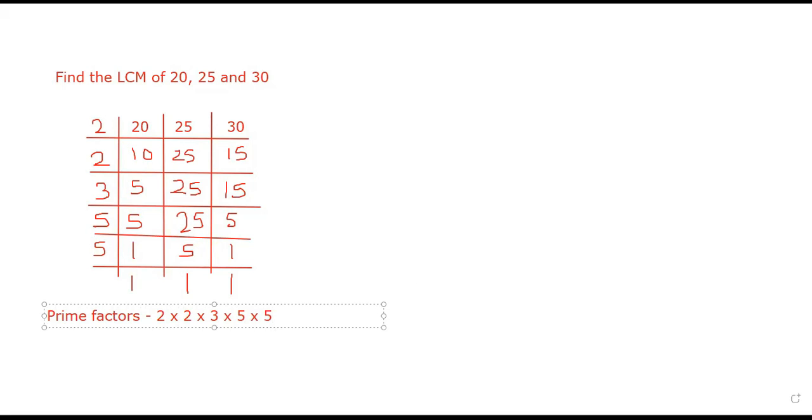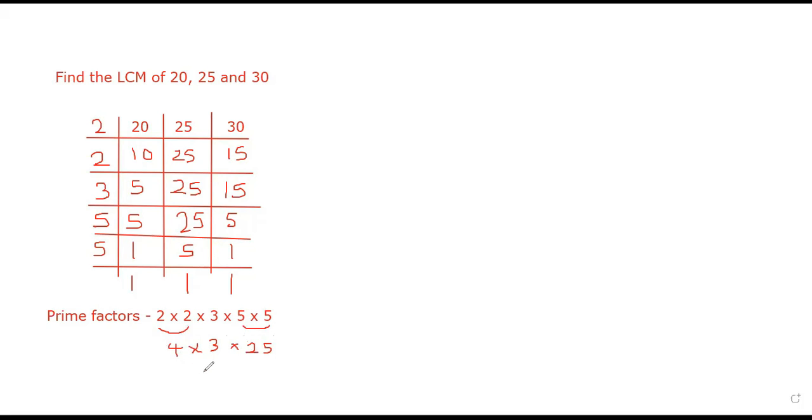Okay, so now I'm going to look for my LCM. I'm going to multiply these numbers together, but I can do it in a stack. Don't forget, it's better you do it in a stack so you don't make mistakes. So this is 25, and then I have 3 here.